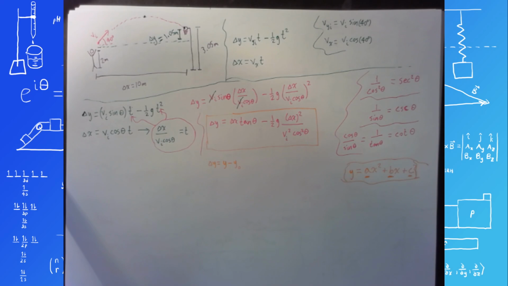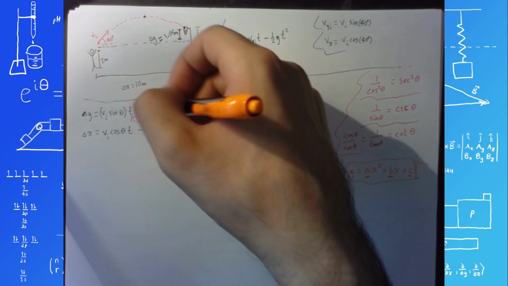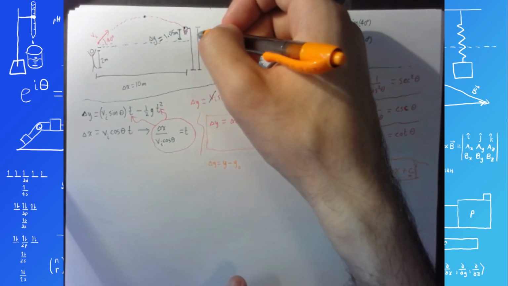Shape of path is determined by finding a direct relationship between y and x, and you do that by eliminating time. If you eliminate time, and really any other variables, it's not just time, but over here time is the thing that varies as you go.